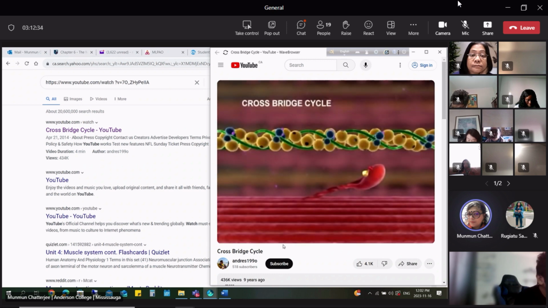A cross-bridge cycle may be divided into 4 steps. Step 1. Cross-bridge formation. The activated myosin head binds to actin, forming a cross bridge. Inorganic phosphate is released, and the bond between myosin and actin becomes stronger. Step 2. The power stroke.